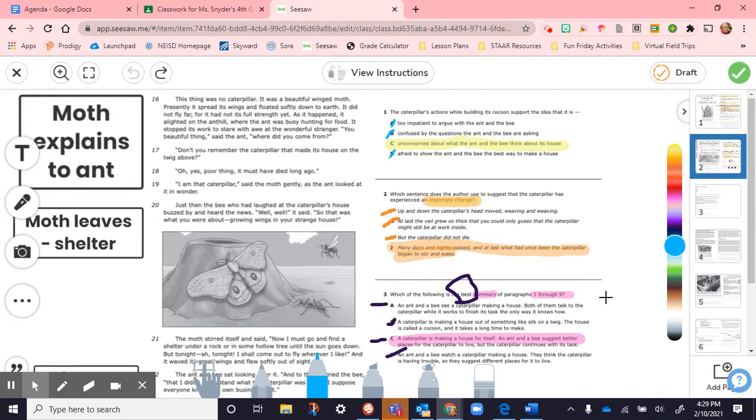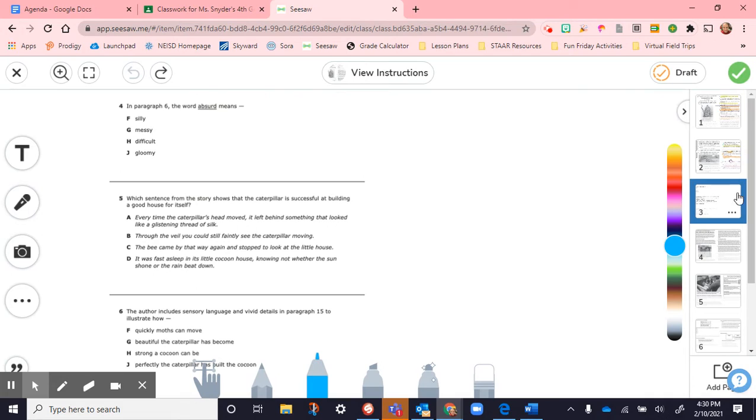We went with C because it was more specific to what was going on. A said all the right things, but it was a little bit broad. When it says the best summary, it doesn't mean something else on here is necessarily wrong. It's just which one is the strongest and really gives you a good idea of what's going on in this story.